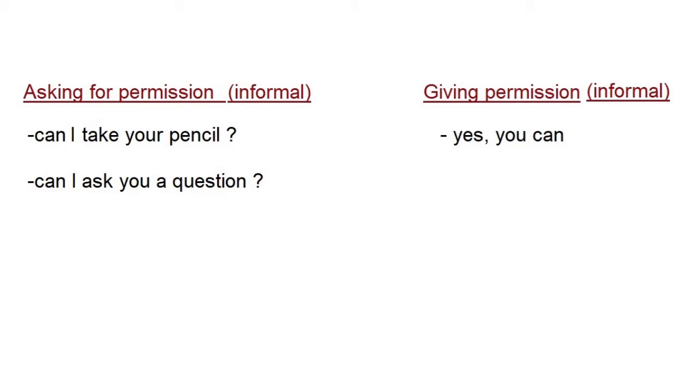If you are talking to your friends, or someone who is familiar with you, you ask like this: can I do this? Can I take your pen or pencil? Like that. The answer will be yes, you can.